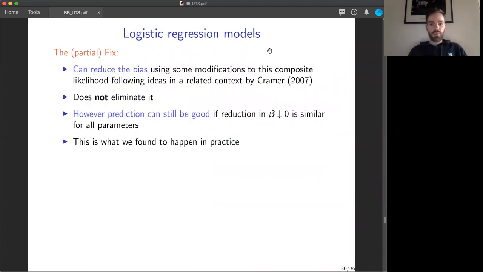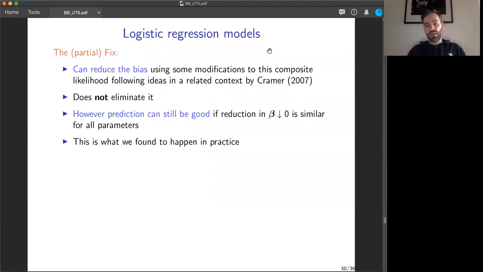So there are some possibilities to go, there's a partial fix. So after the good, the bad, we have the ugly, the partial fix. Using the result from Kramer, you can do some adjustment to reduce the bias. So you're going to reduce the bias, but you're not going to eliminate it.